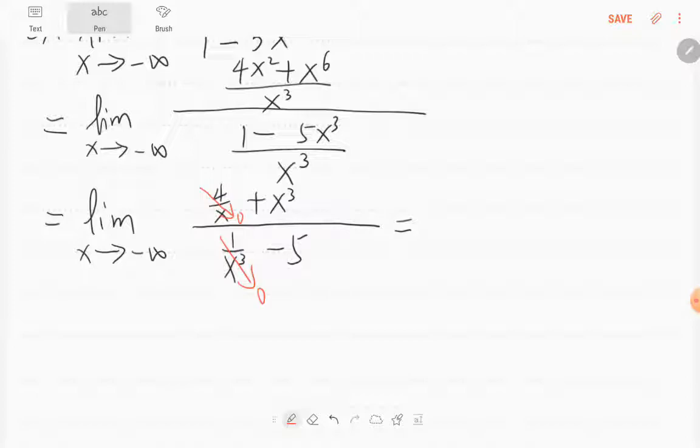What about x cubed? If x is negative infinity, raised to the power of 3, this is still negative infinity, over negative 5. So negative infinity divided by negative 5 would be positive infinity, right?